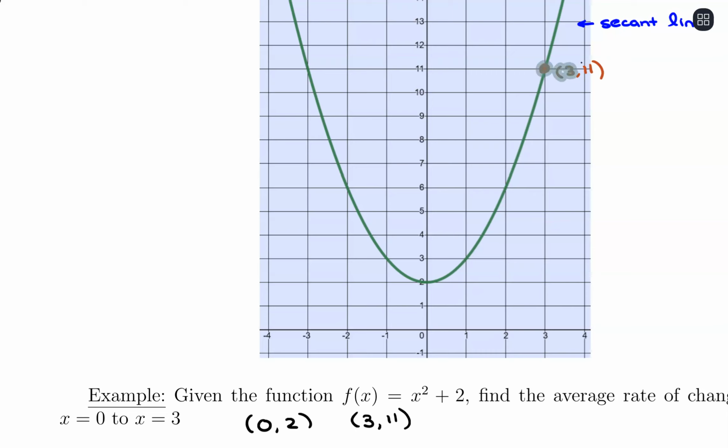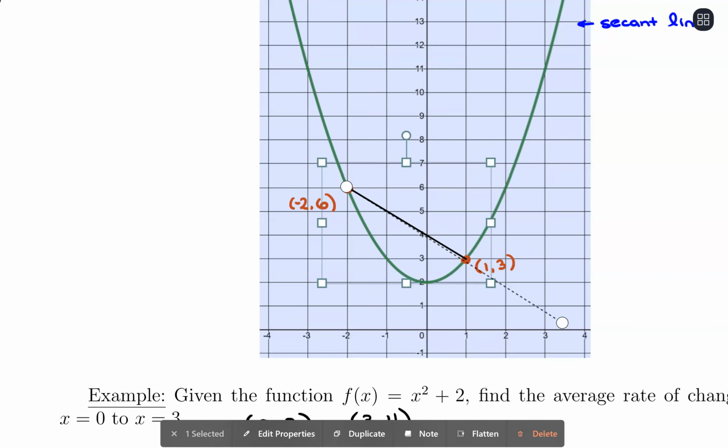So I'm going to get rid of those coordinates that I drew before. At x equals -2, we have the coordinate (-2, 6). And then x equals 1, we have the coordinate (1, 3).